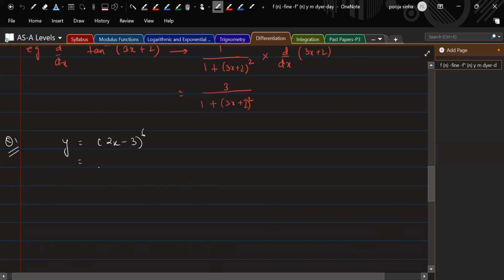It will be 6 into (2x minus 3) raised to 5, into 2. So the final answer is 12 into (2x minus 3) raised to 5. Perfect. Easy, not difficult. The next one.